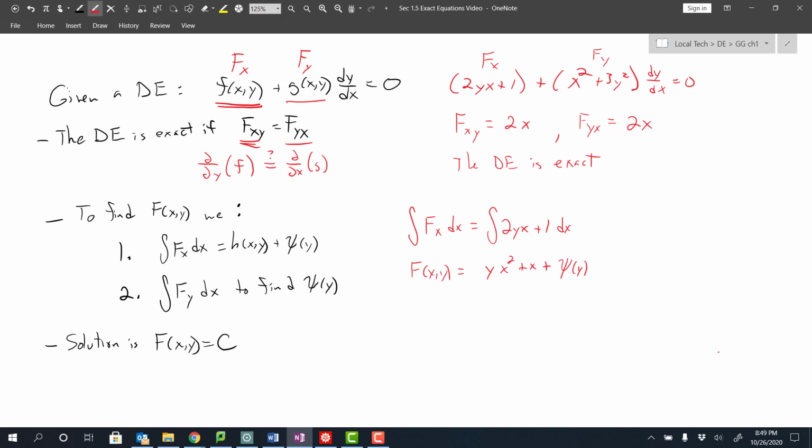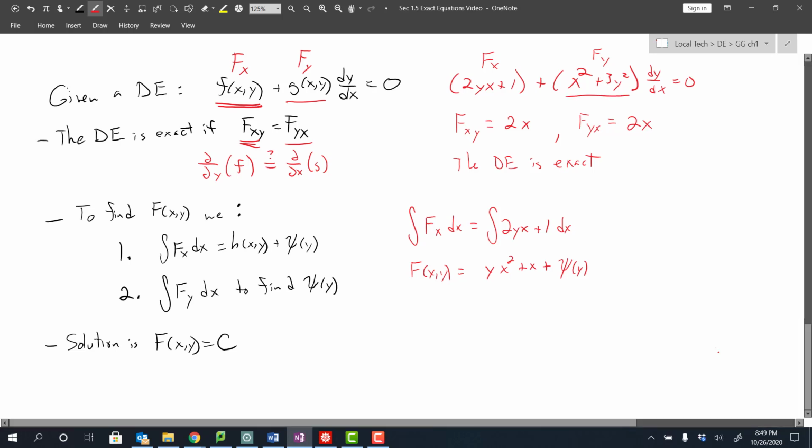and really I just have to find this missing function of y. Now, one way I can do that is to look at my other piece up here, my F sub y piece, and if I integrate that with respect to y, I should get another expression for my function. When I integrate this with respect to y, I'll get x squared times y plus y cubed, plus I guess some arbitrary function of x in this case.